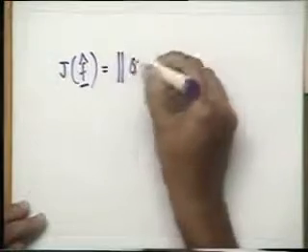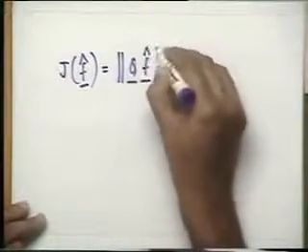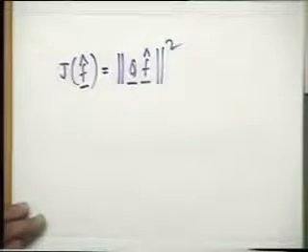Again with respect to f hat, because our ultimate problem is to have a good estimate of f hat. So the objective function written in terms of f hat is as follows: ||Q f hat||².